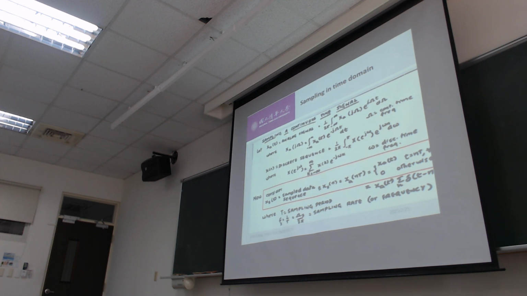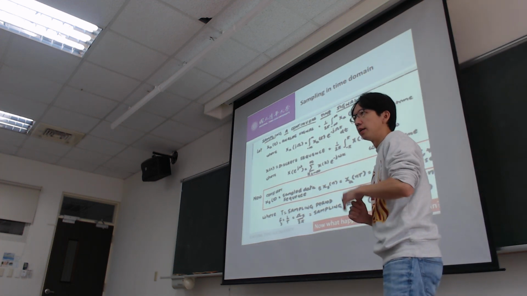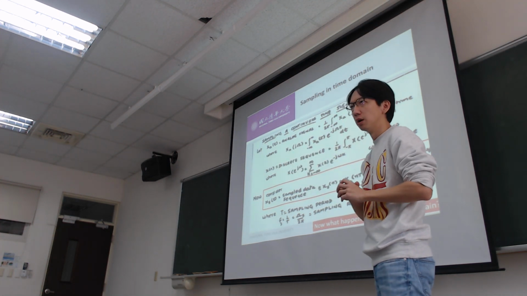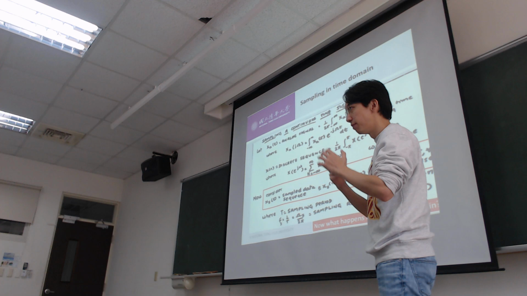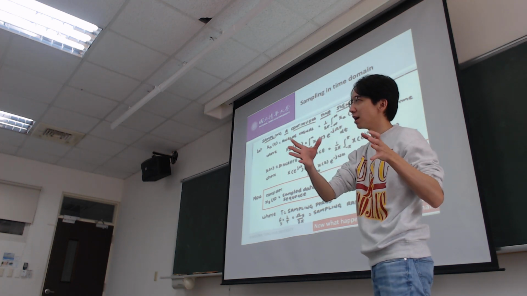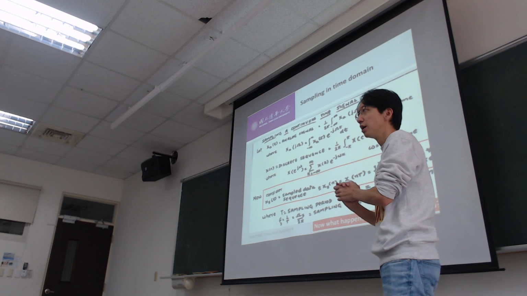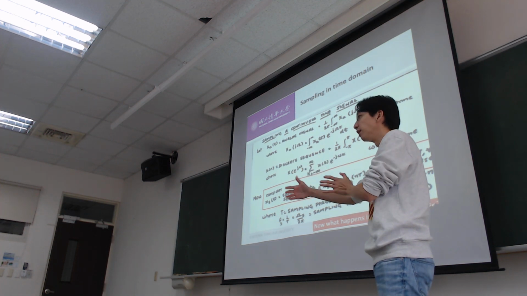I want to talk about sampling not for a sampling purpose, but more for what happens in frequency. If you recall, when you sample in the time domain, you create a replication in frequency, so the signal repeats itself every 2 pi.